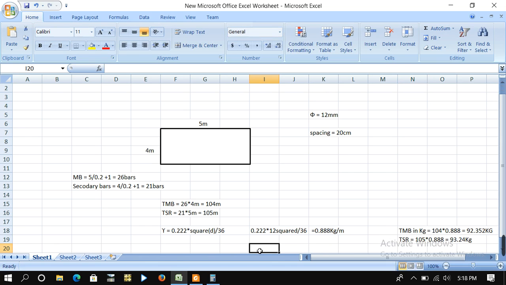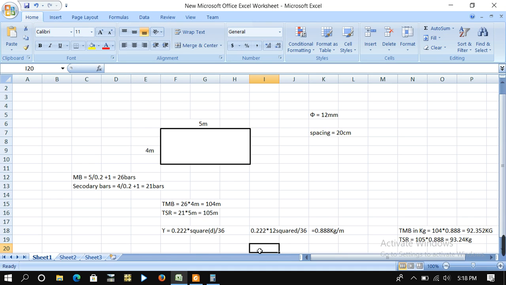After that we can confirm that we have found the total amount of reinforcement needed for this solid slab type, or this kind of panel.